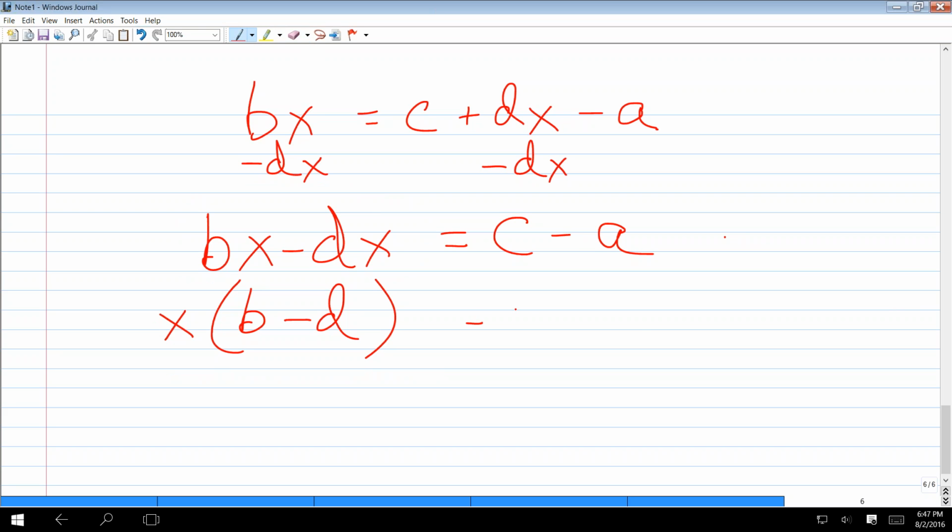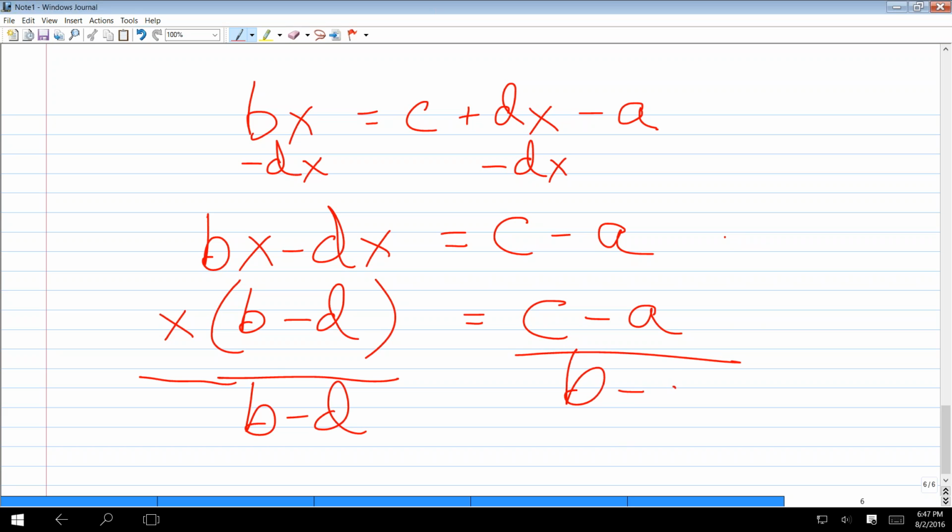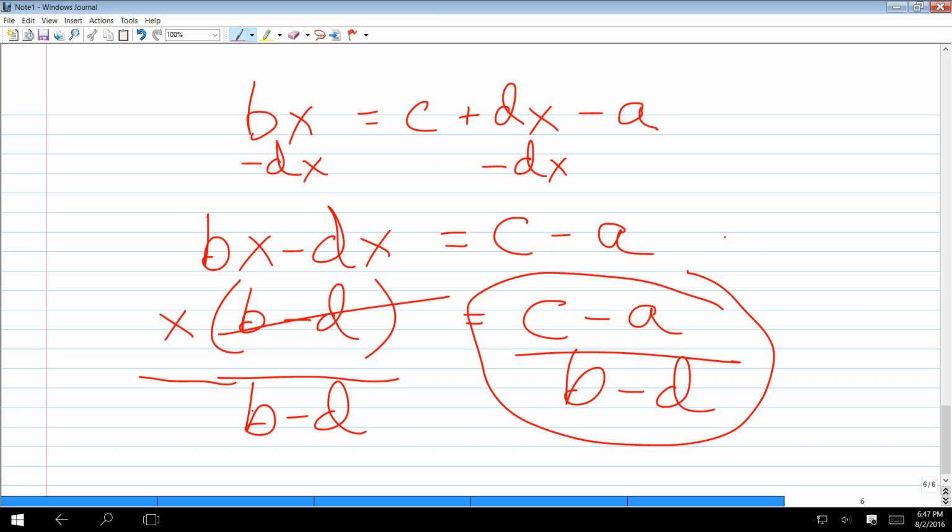Now I still got my c minus a over here. And now this is basically a coefficient to x, right? So if I divide both sides by b minus d, there's my answer. And notice there's no x's in it.